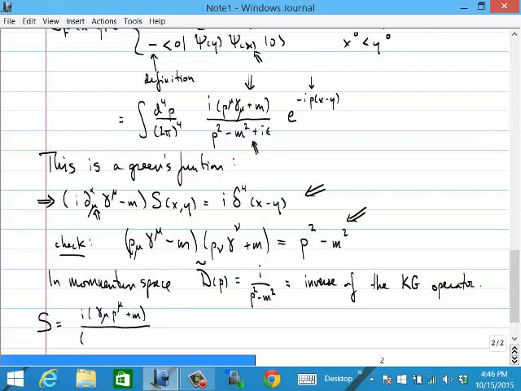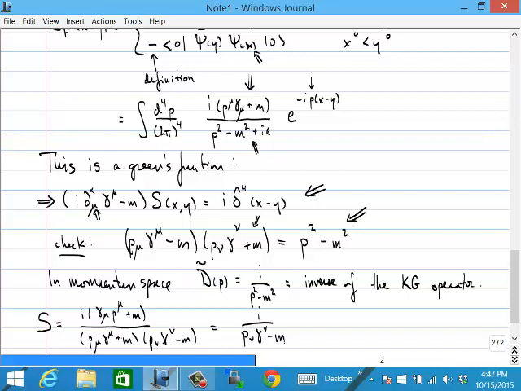And what is p squared minus m squared? Using this equation right here, it's p mu gamma mu plus m, times p nu gamma nu minus m. So that's i over p nu gamma nu minus m.